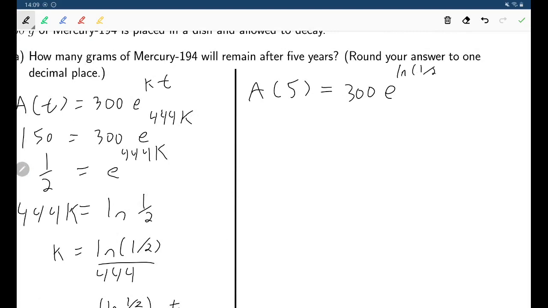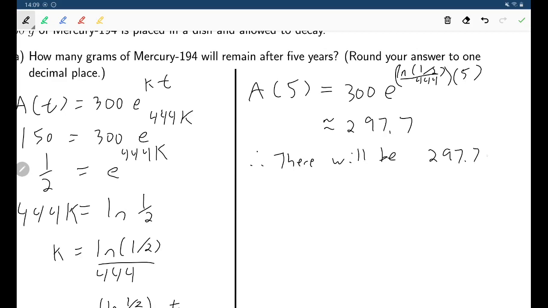So putting in 5 for t, we can solve and find out what the amount is. And in this case, A of 5 turns out to be about 297.7. So there will be 297.7 grams.